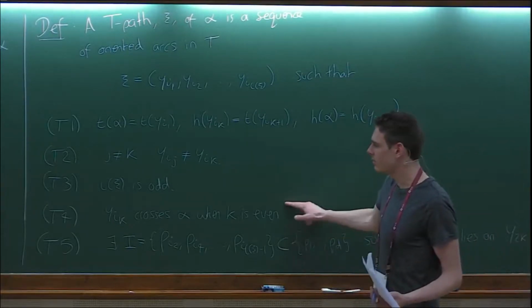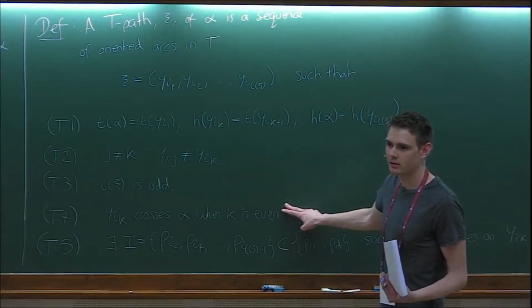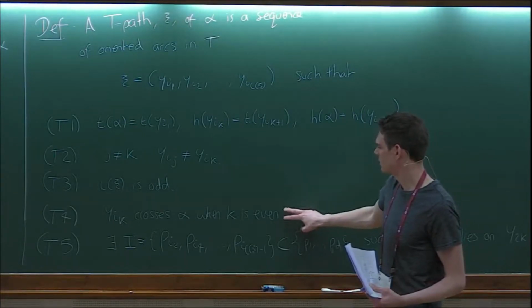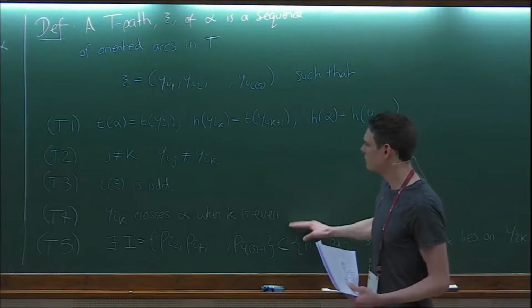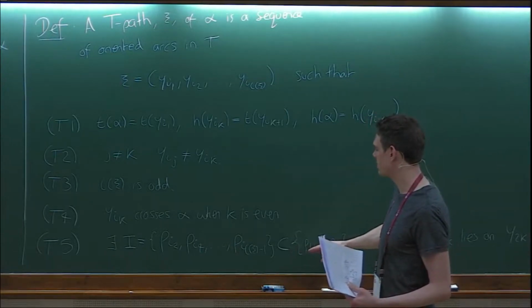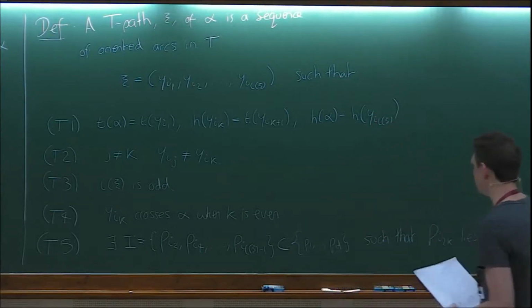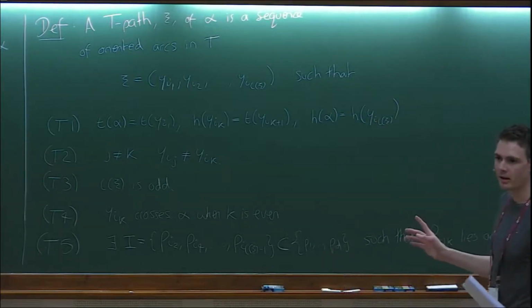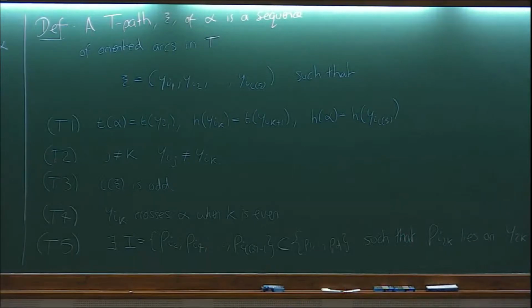T5 implies T4, yes. T4 is definitely not going to imply T5. I'll run through a non-example, and then we can see. Okay, let me finish on this one first, and then I can run through the non-example.